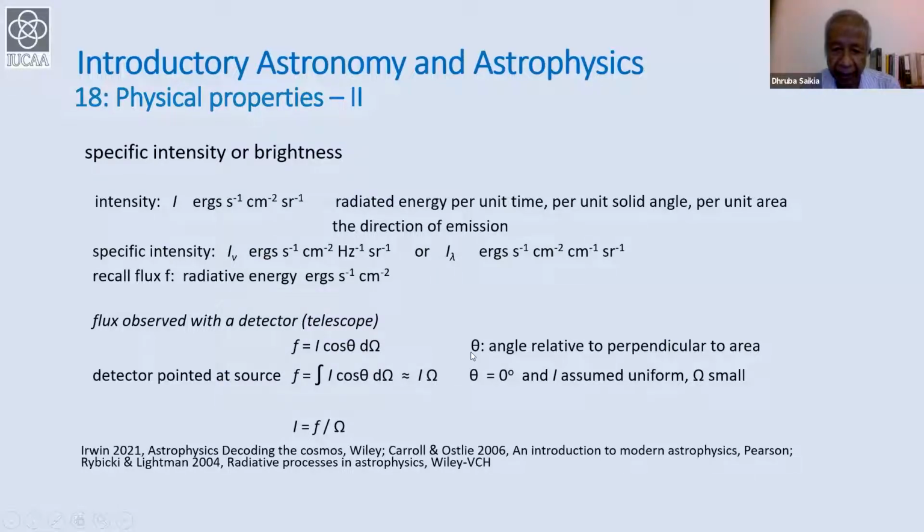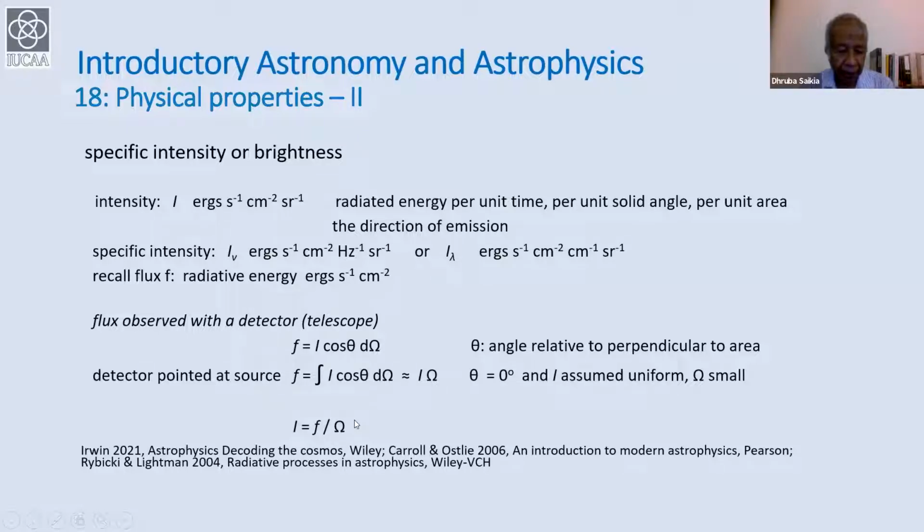And if theta again is the angle relative to the perpendicular to the area, and theta is equal to 0, then cos 0 is equal to 1. And if I is assumed uniform throughout the source, then the flux which you observe is equal to the intensity or brightness times the solid angle. Okay, F is equal to I omega. So the intensity is equal to flux divided by the solid angle.